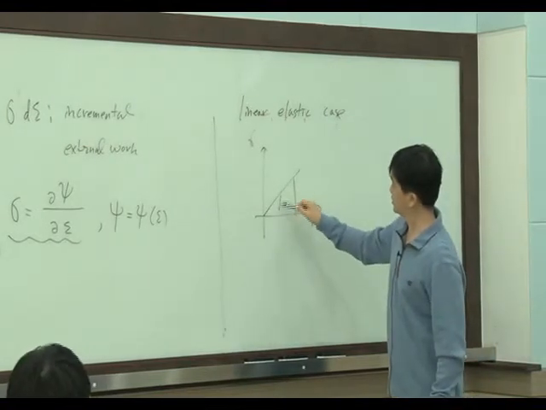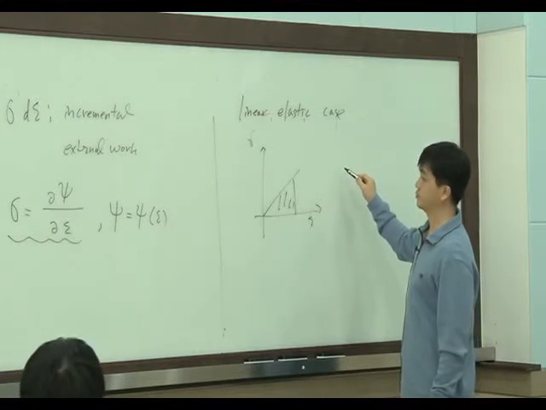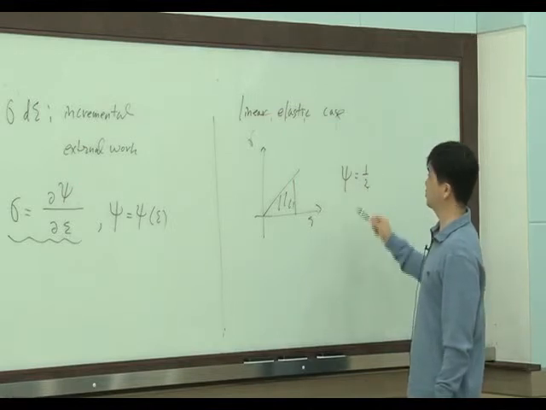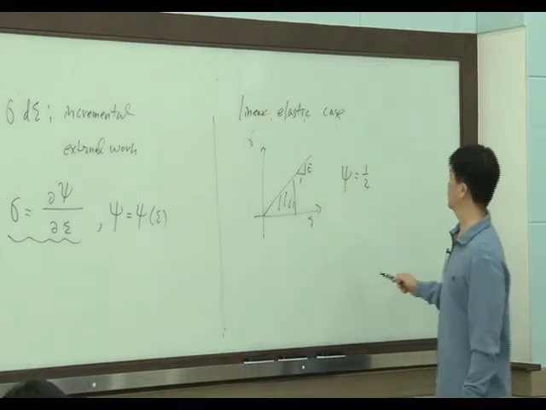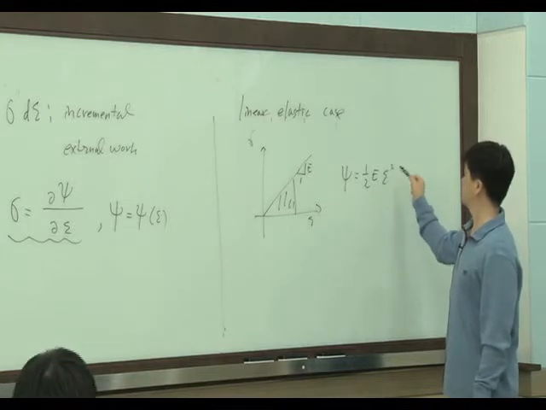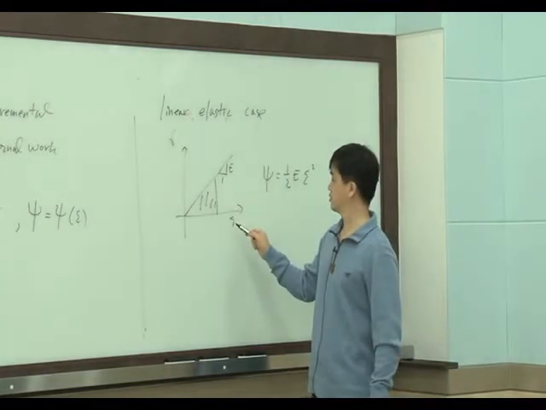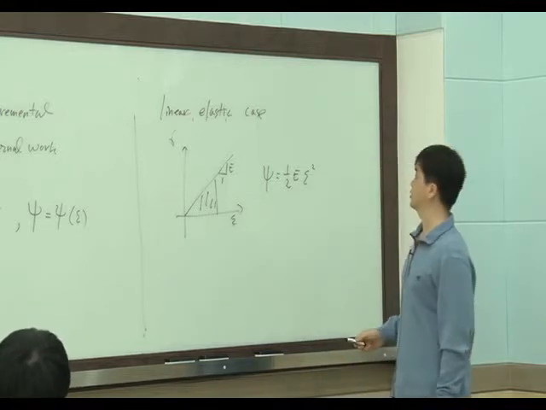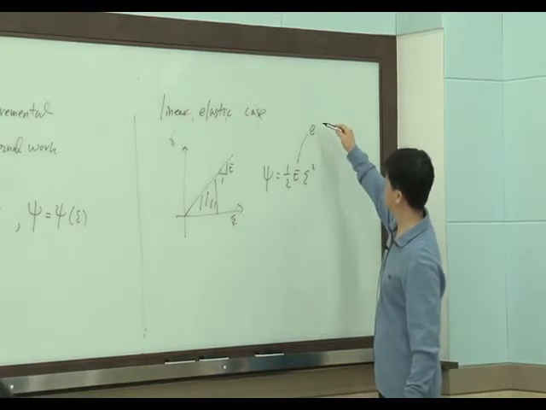And the energy stored will be one over two, and let's say the slope of this is 1 over E, times strain squared, right? This is the area of this triangle. So we are saying E is the elastic modulus.